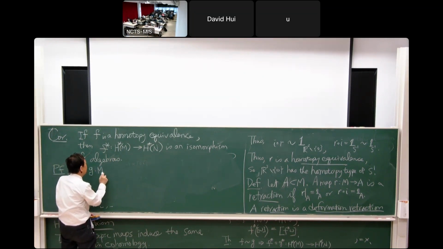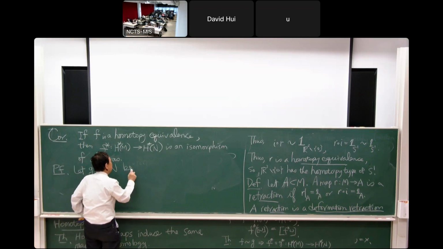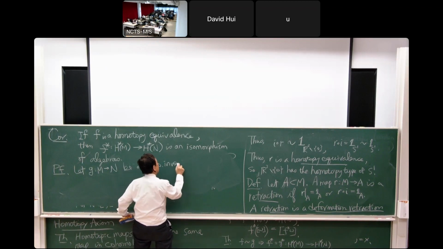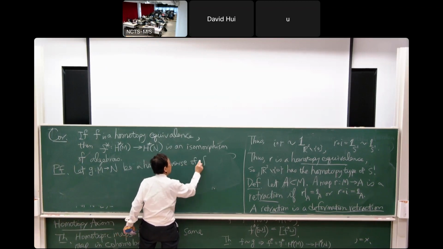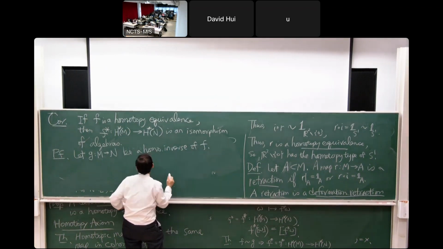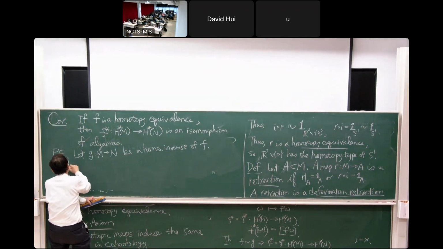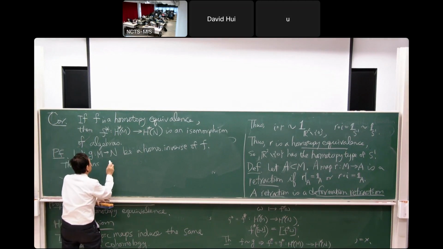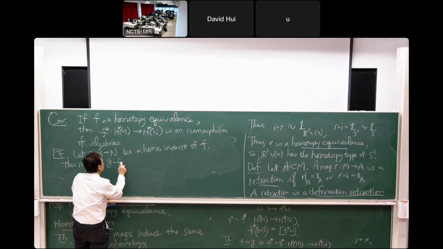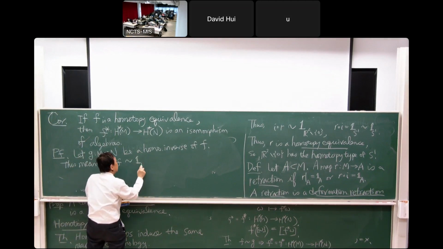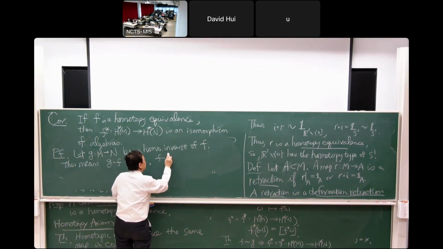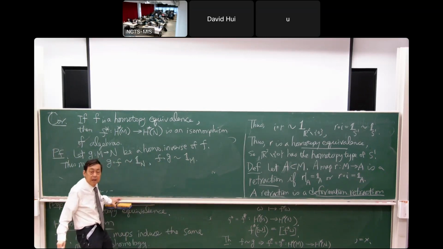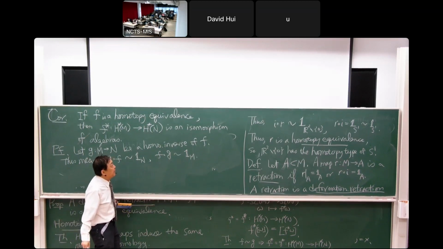Let G be a homotopy inverse of F. This means G composed with F is homotopic to the identity on N, and F composed with G is homotopic to the identity on M. Now you apply the homotopy axiom.